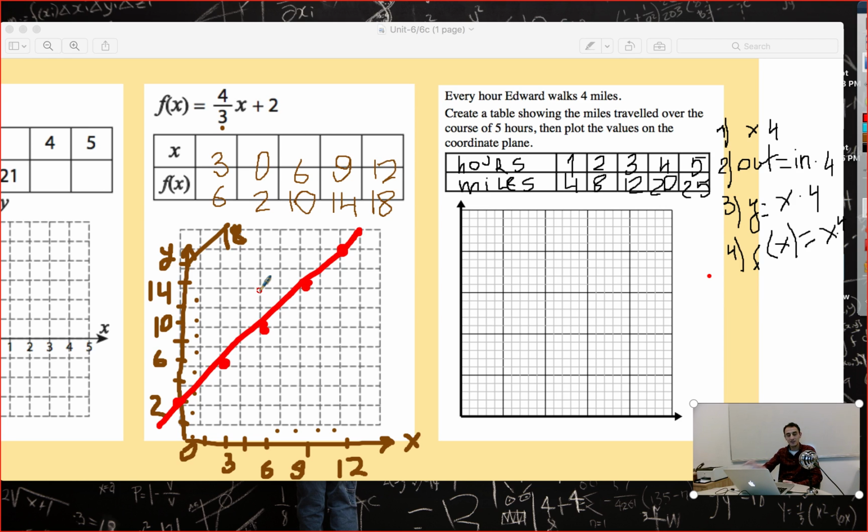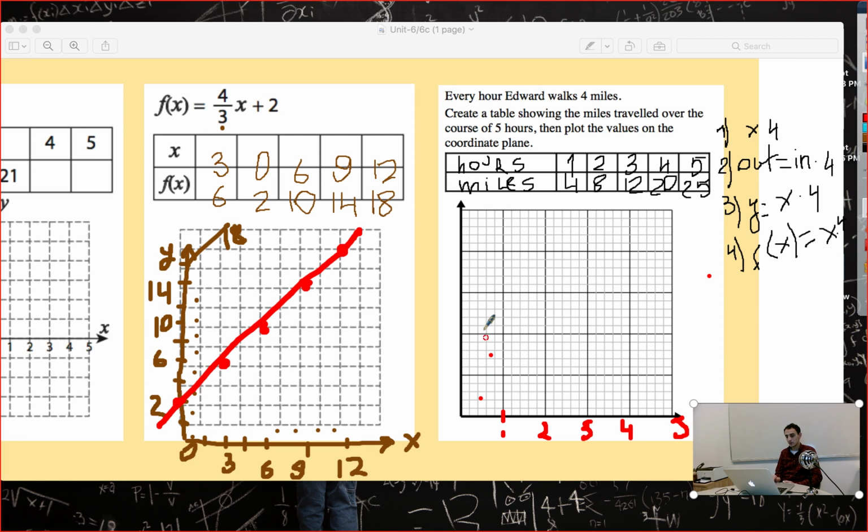So let's find our numbers. We have 1, 2, 3, 4, 5 here. It's okay.